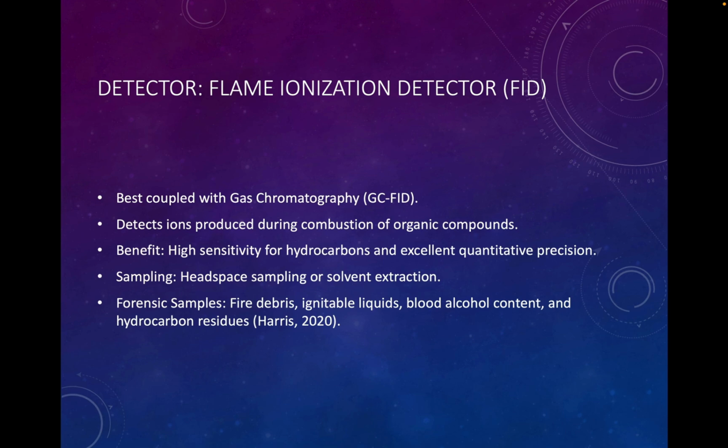Headspace sampling or solvent extraction is commonly used with GC-FID analysis. This detector is widely applied in fire debris analysis, ignitable liquid identification, and blood alcohol testing. From my perspective, the FID is extremely valuable for quantitative work because it provides consistent and reliable results, even with complex mixtures.